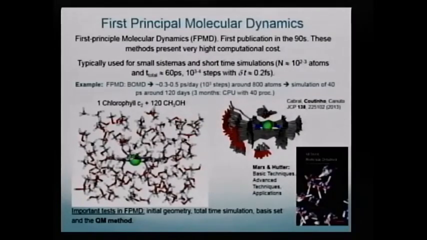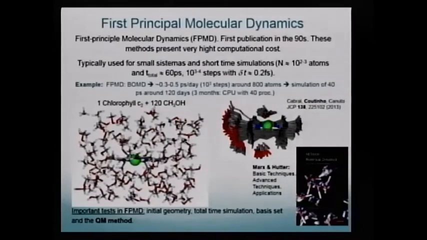And with a time step of 2 femtoseconds, I'm showing one example here. We performed chlorophyll C2, this molecule here, in one solvation shell of 120 methanol molecules, using Born-Oppenheimer molecular dynamics.